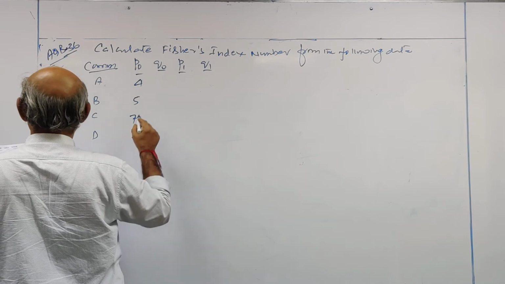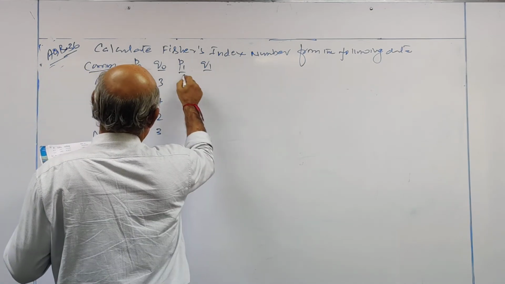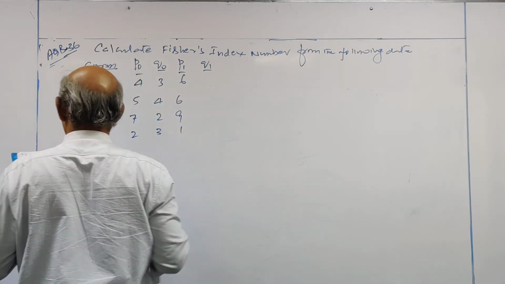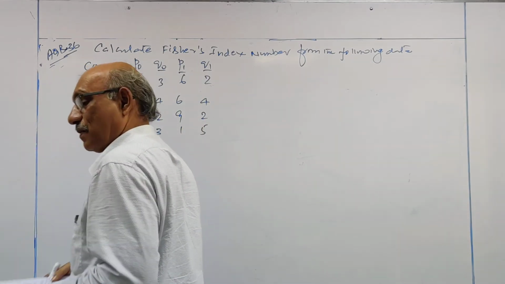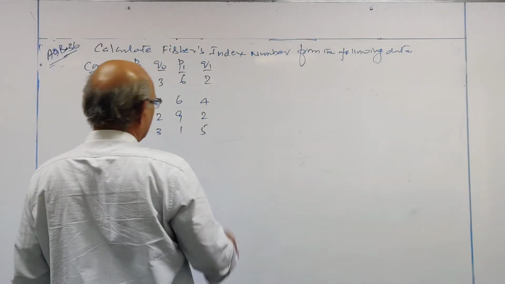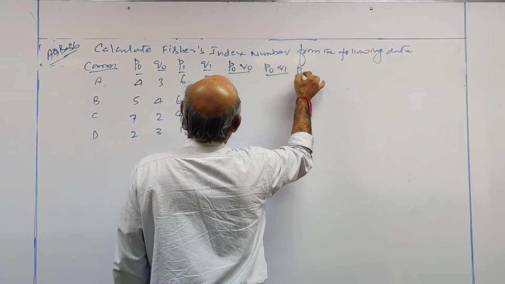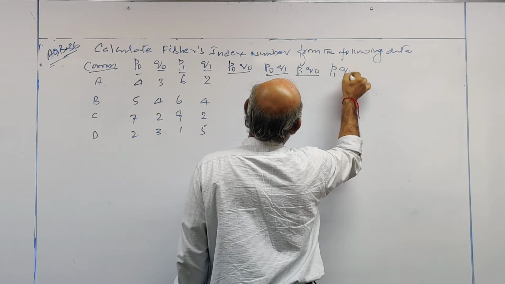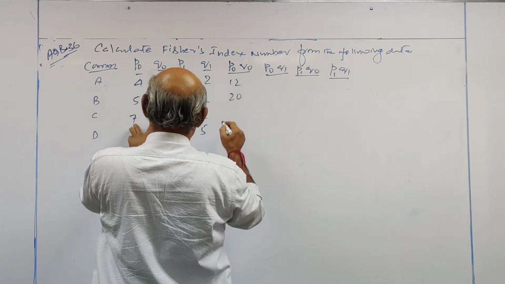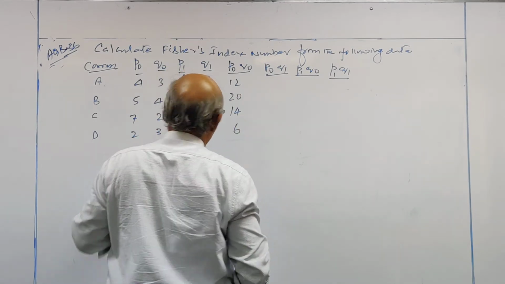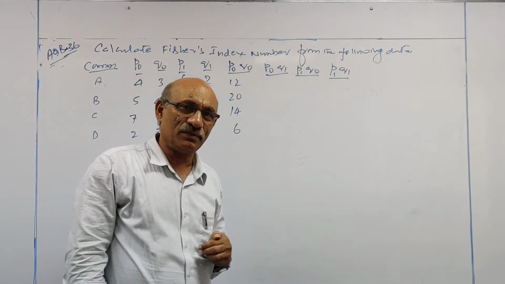For a calculation of Fisher's index number, 4 more columns are required. P0 Q0: 4 3s are 12, 5 4s are 20, 7 2s are 14, 2 3s are 6. These calculations you have to do on calculator using memory plus concept.